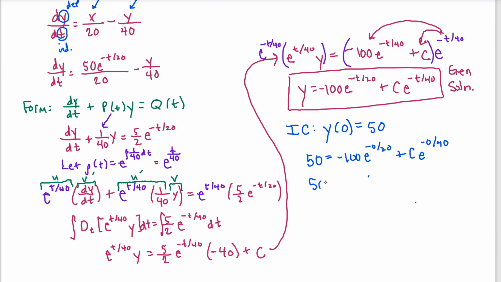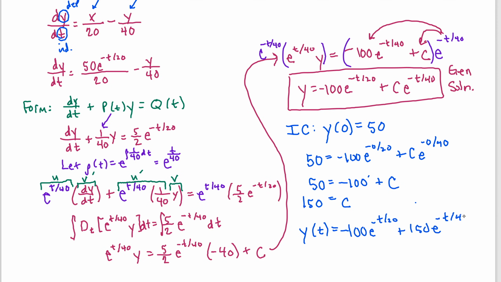We have 50 equals negative 100 times 1, e to the 0th power is 1, plus c times e to the 0th power, or c times 1. Looks like this constant is going to be 150. Therefore, we can say the amount of salt in tank 2 at any minute measured by t is negative 100 e to the negative t over 20 plus 150 e to the negative t over 40.